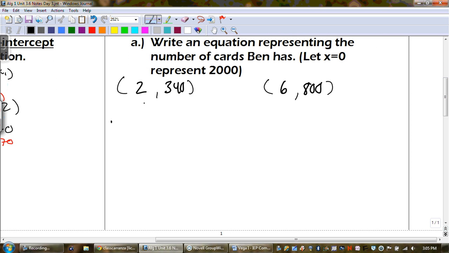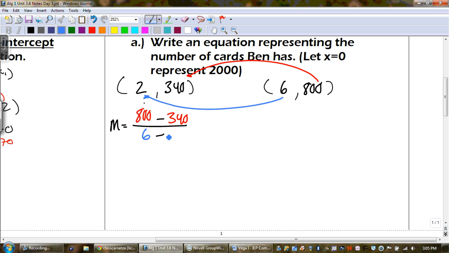So the first thing we have to find is the slope. Remember the y's go on top. So 800 minus 340, and the years go on the bottom. 800 minus 340, you should have gotten 460, and 6 minus 2, 4.